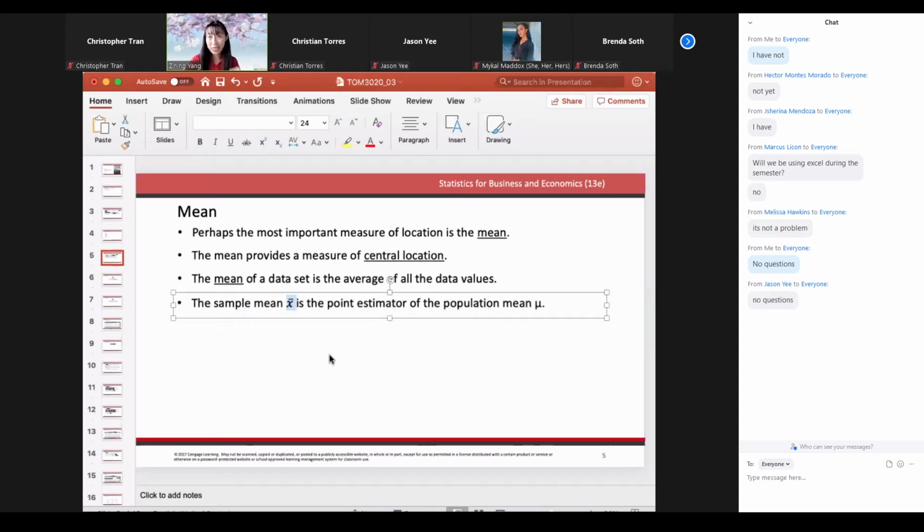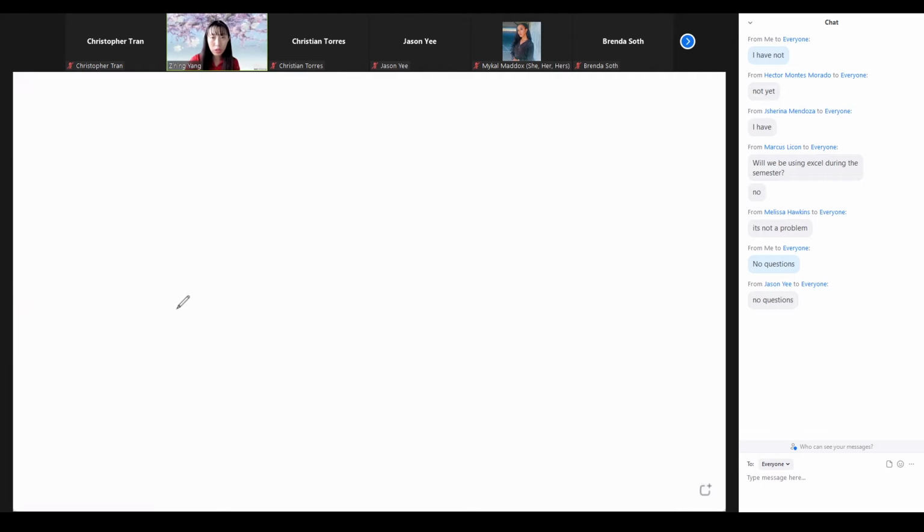So for sample mean, or sample average, we use the notation of X bar. So you write an X and you draw a short line on top of it. This reads as X bar, meaning sample mean. Population mean is denoted as mu.